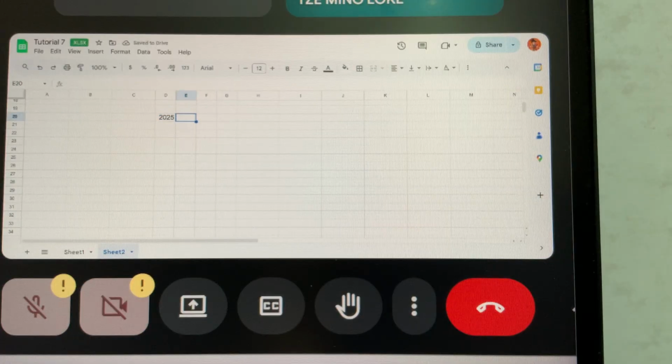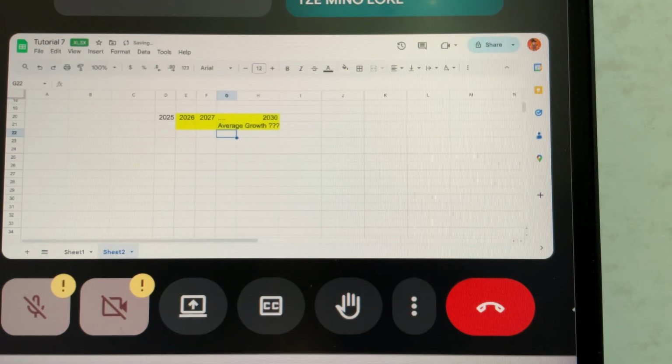So 2026, 2027, until let's say 2030. This is just an example lah. The growth rate is this.